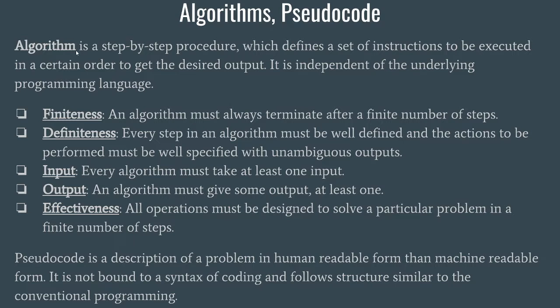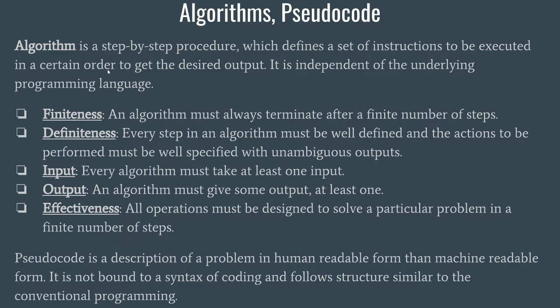First of all, an algorithm is a step-by-step procedure because we cannot solve any problem in one go. We need to approach it slowly and gradually by solving one step at a time. Next, an algorithm defines a set of instructions which are to be executed in a certain order.